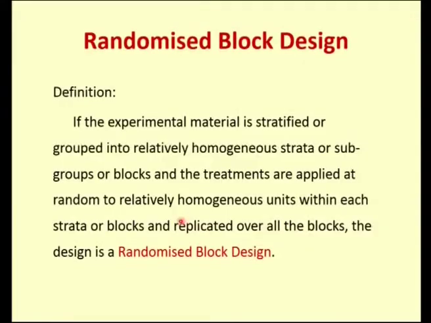If the experimental material is stratified or grouped into relatively homogeneous strata or subgroups or blocks, and then the treatments are applied at random to relatively homogeneous units within each stratum or block and replicated over all the blocks, then we call the design a randomized block design.